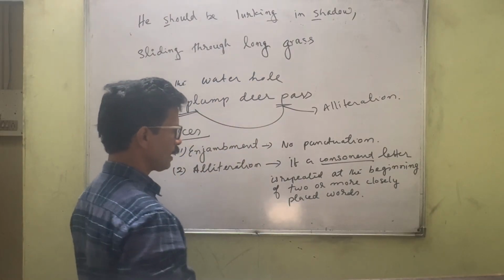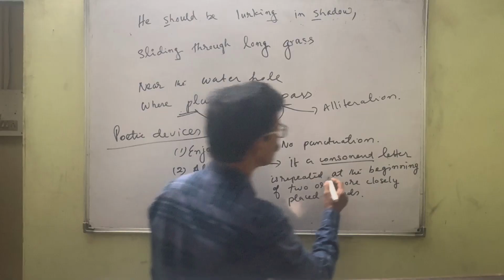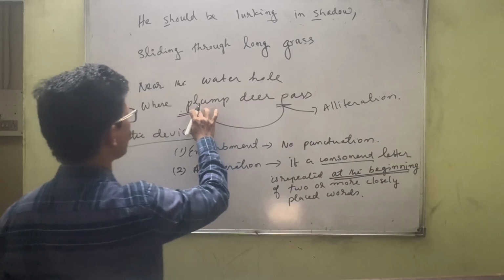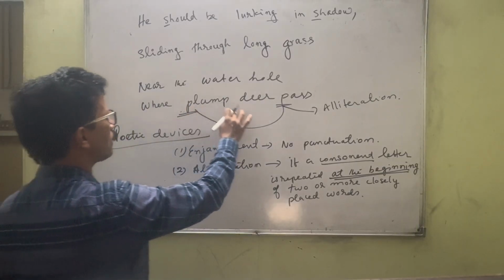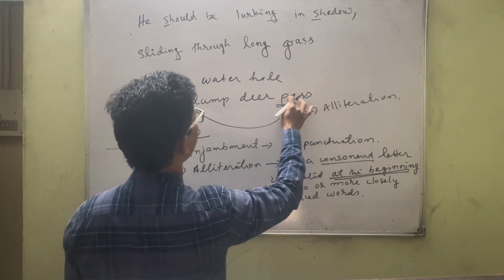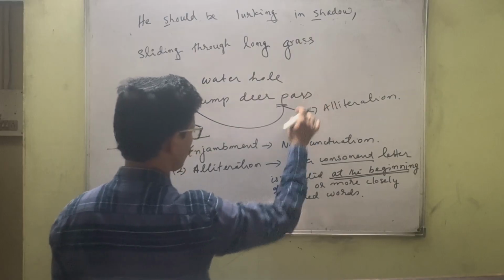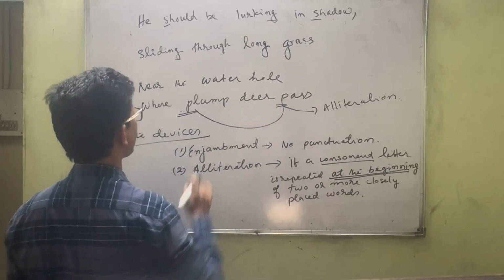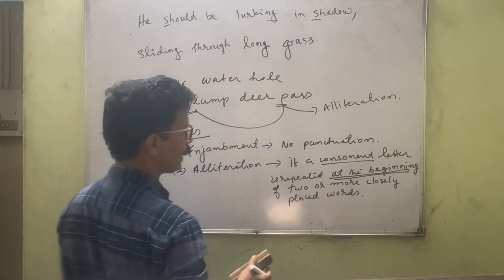Alliteration means a consonant letter is repeated at the beginning. See plump deer, P at the beginning. Pass, you see P, beginning of the word pass. That is the thing, closely placed words. They are closely placed. So that is called what?